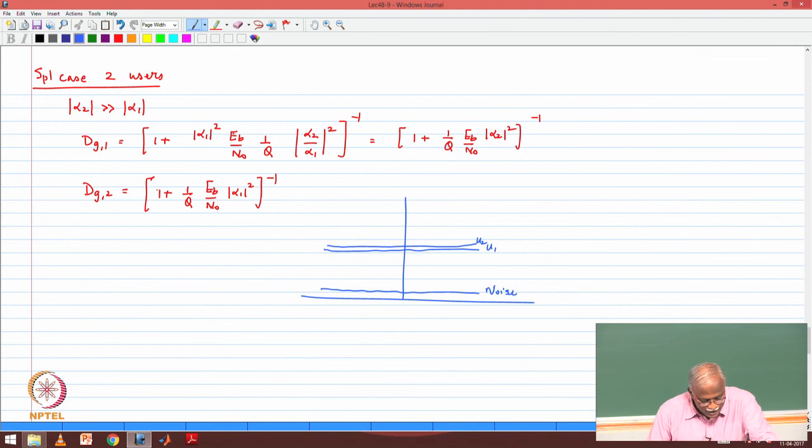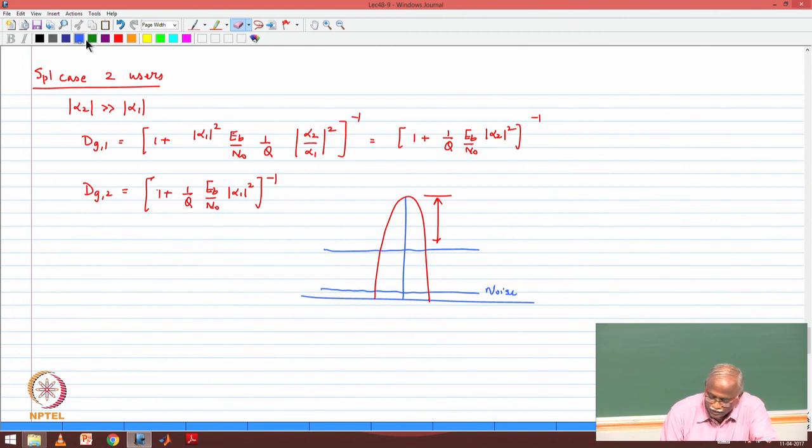Now when I despread user 2, then what I have is my SINR for user 2. Well, user 2 is stronger, so I think I have labeled it wrong. Okay, user 2 is stronger. So this is user 2, and let me draw user 1 here. So when I try to despread user 1, this is my SINR of user 1.